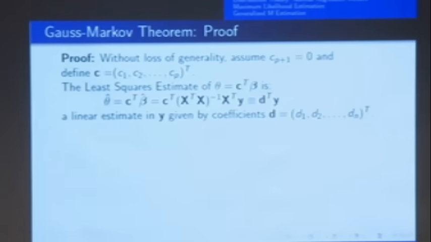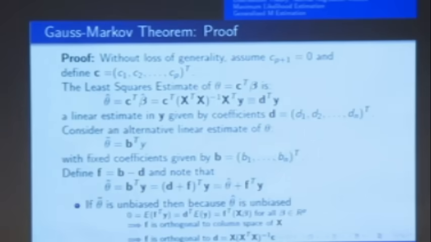Actually, these notes are going to be distributed, so I'm going to go through this very, very quickly and come back to it later if we have more time. But the argument for the proof here is you consider another linear estimate, which is also an unbiased estimate.